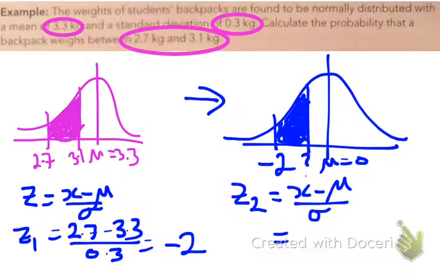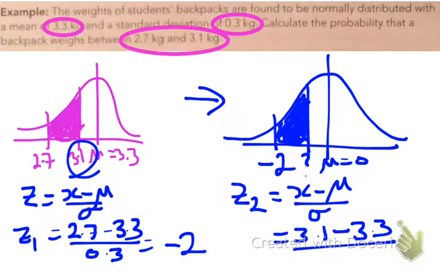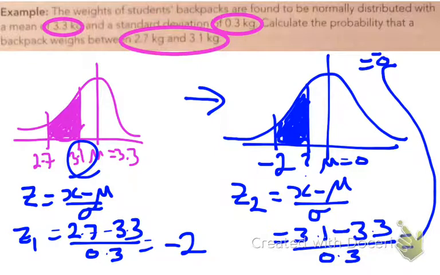So our x value is 3.1, so we're going to say 3.1, take away the mean of 3.3, over 0.3, and that is going to give us a z-score of -0.667, which again I'm doing to 3 decimal places because our tables need to go to 3DP.